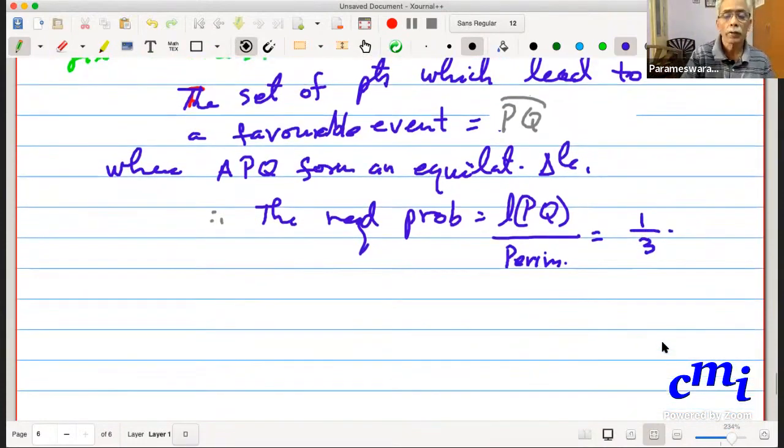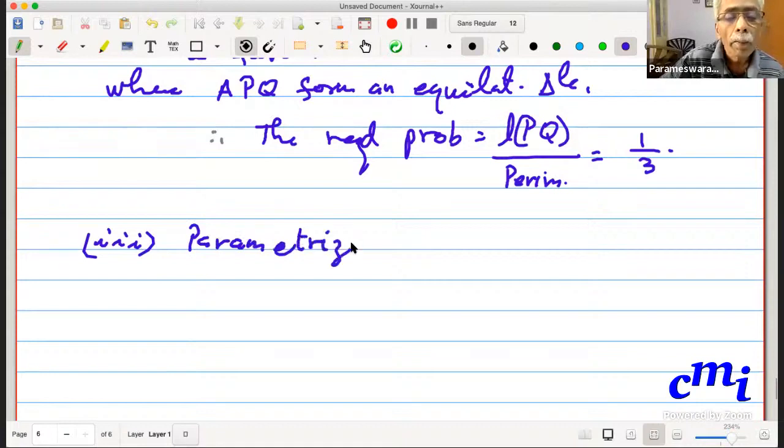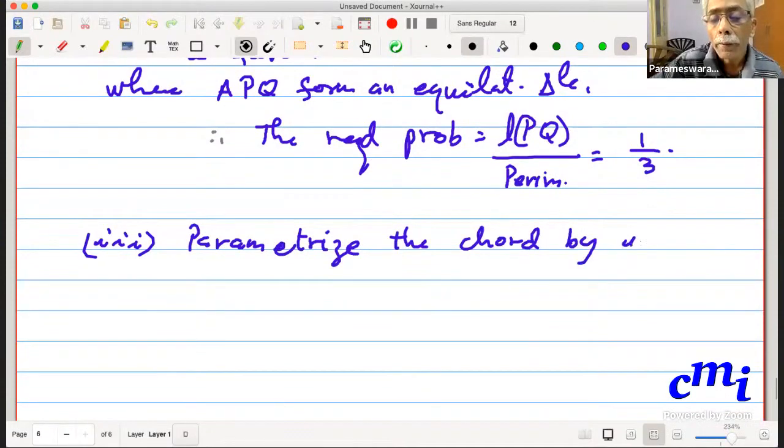And previously we got, I think, 1 by 2. There is now one more method, and I'll do this very quickly because it's really very easy to say. So parameterize the chord by its midpoint.